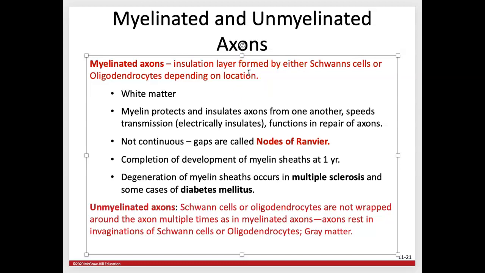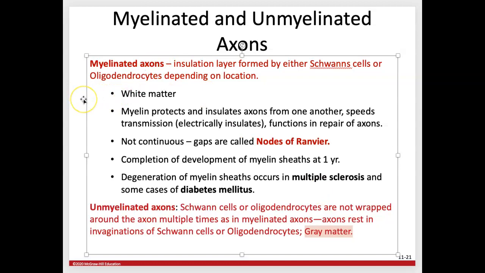Schwann cells are found in the PNS, and the oligodendrocytes are found in the CNS. If an axon has myelination, it is referred to as white matter, based on its color. White matter is myelinated axons, so it has that extra insulated layer. And gray matter is unmyelinated. It does not have that extra insulated layer.